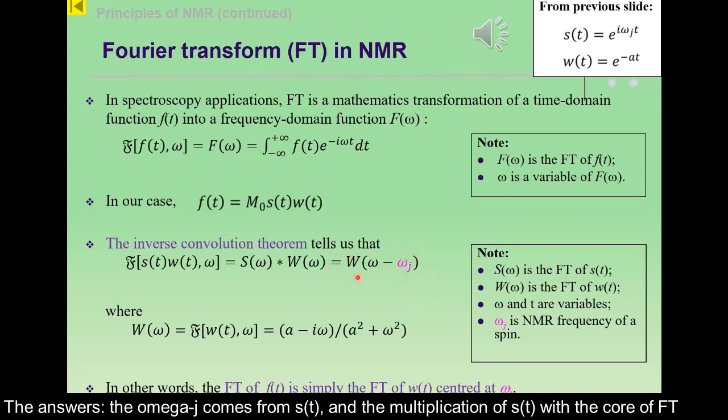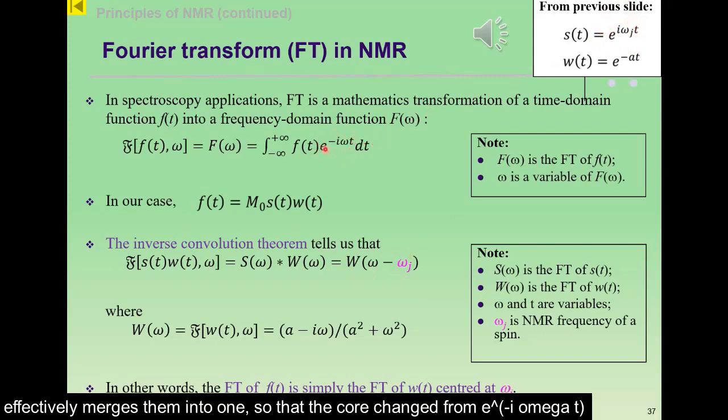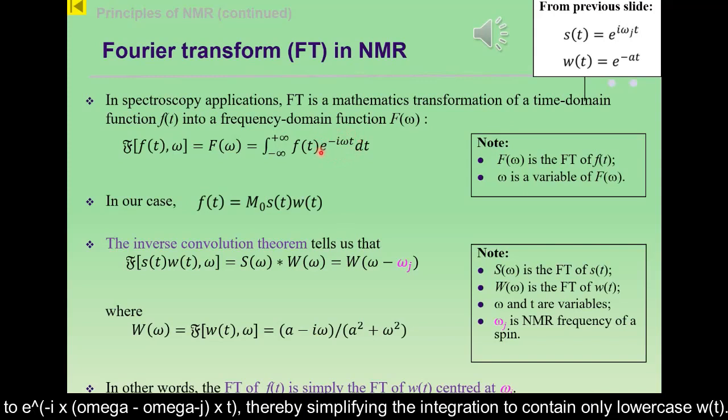The answer: the omega j comes from S(t), and the multiplication of S(t) with the core of the Fourier transform effectively merges them into one, so that the core changes from e to the power of minus i omega t to e to the power of minus i times (omega minus omega j) times t, thereby simplifying the integration to contain only lowercase W(t).